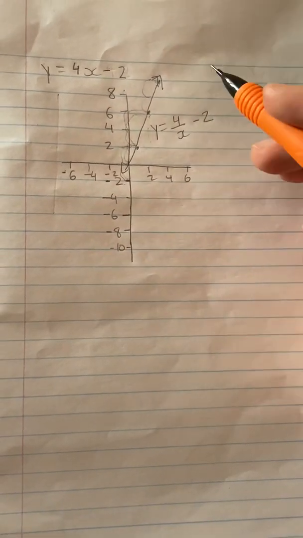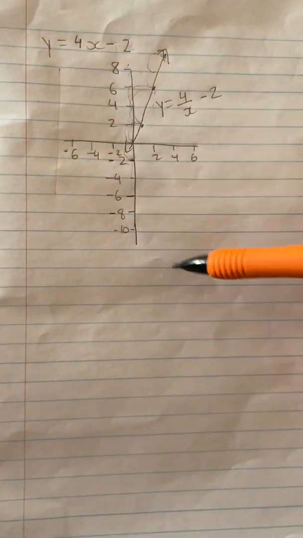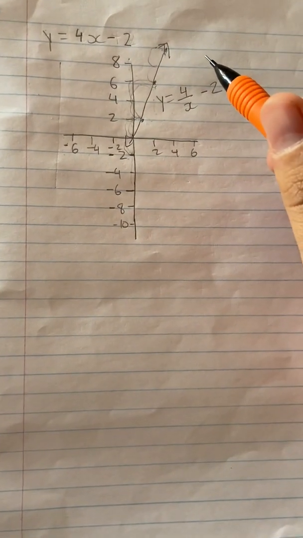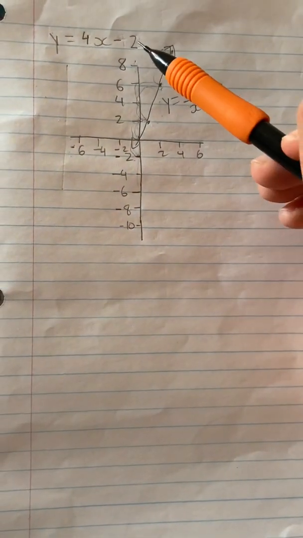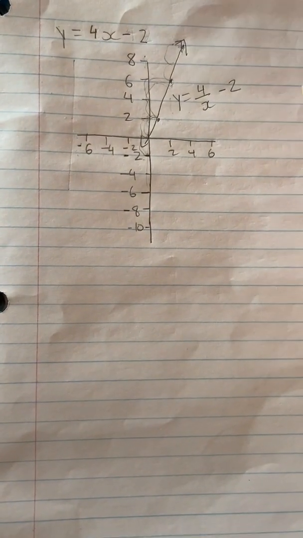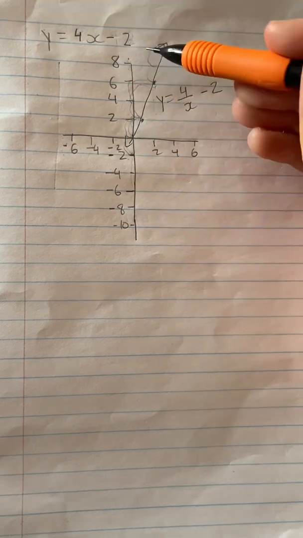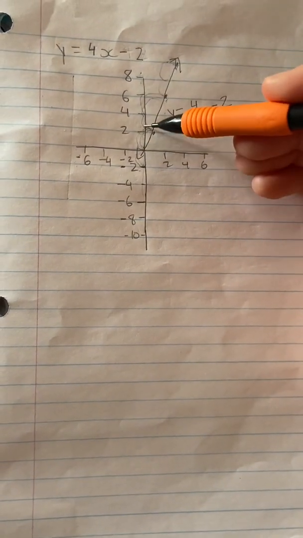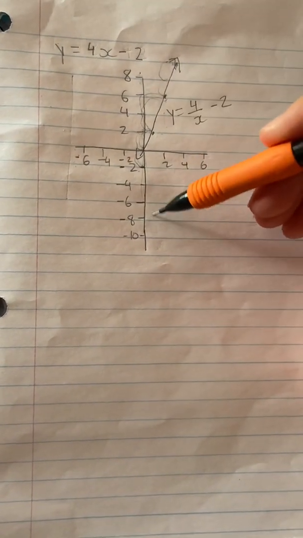So we're going to be doing the vertical line test. The vertical line test determines if an equation is a function, because if it passes it, it will only touch the equation once.